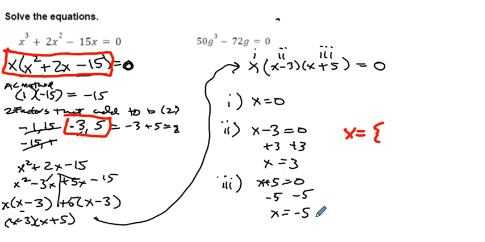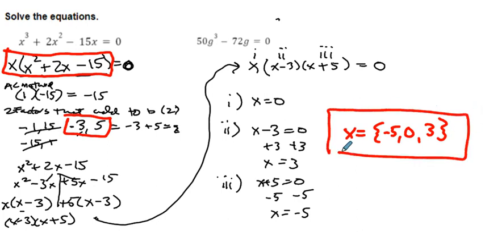So we've got negative 5, that's my smallest one, and then 0, and then 3. This is my solution set for this problem. Any one of these will make this come true. That's what this means. So solve this, and that's how it works.